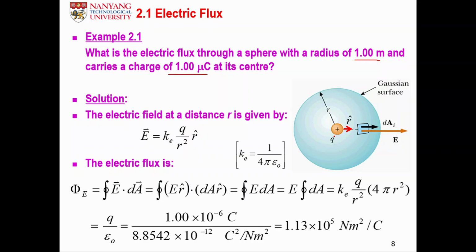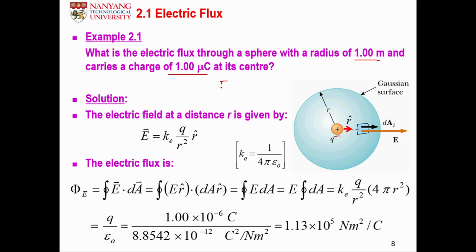So here, this is a charge, and it asks you to determine the electrical flux through this surface, this sphere. Again, here it is not a circle, but instead it's a sphere surface, right?